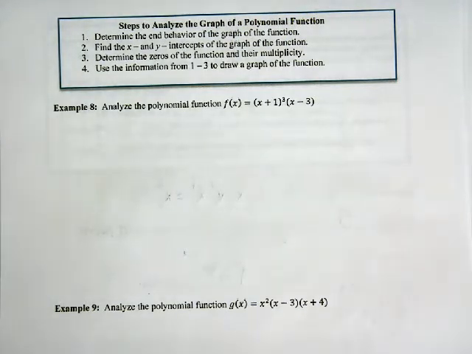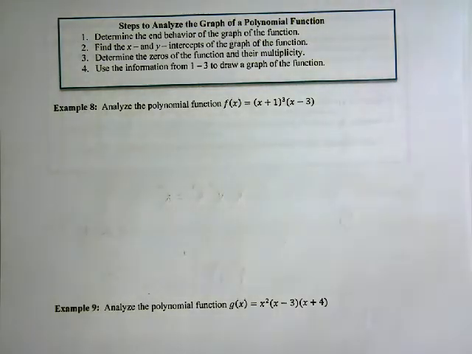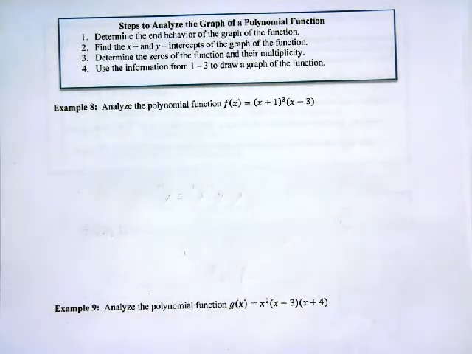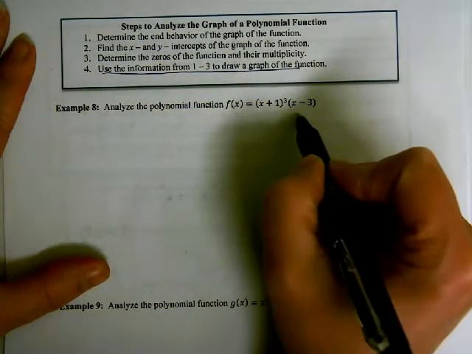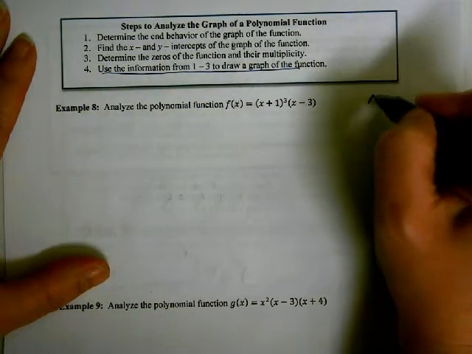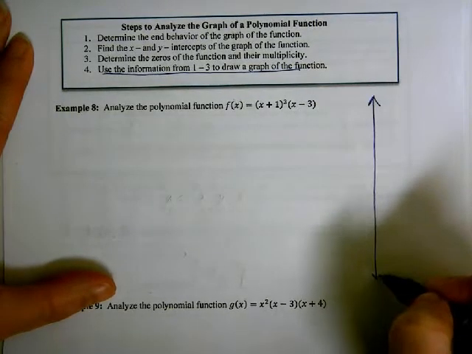It has way more steps. But I have a 4-step process. And sometimes I do these in different orders, but just to be consistent here, we're going to do step 1, step 2, step 3, and step 4. And the point is, we're going to be using all this information to take an equation and make a graph. So I'm going to throw a graph on here right now.